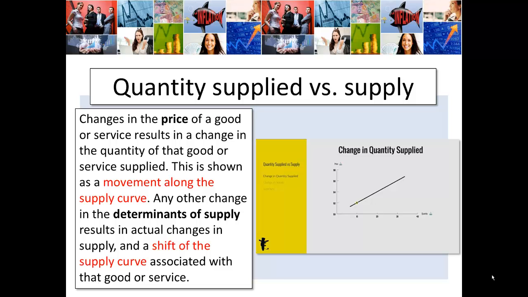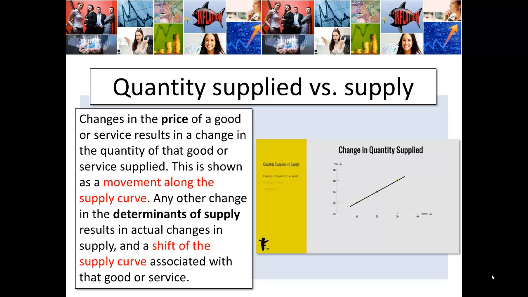In the supply curve, when price increases from $2 to $4, quantity increases from 10 to 20. From $4 to $6, quantity increases from 20 to 30. The dot just moves along this curve.